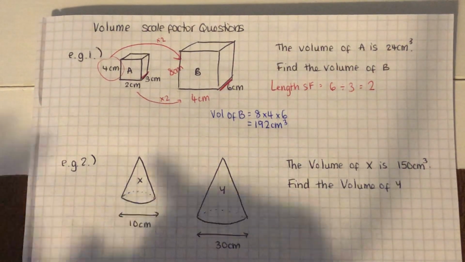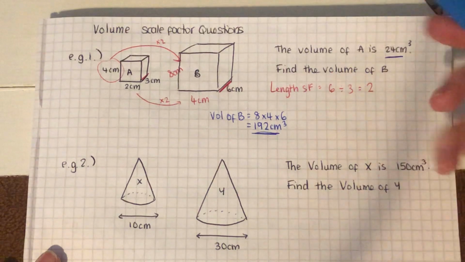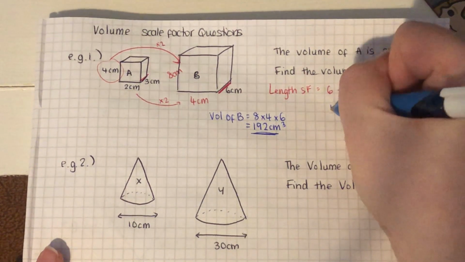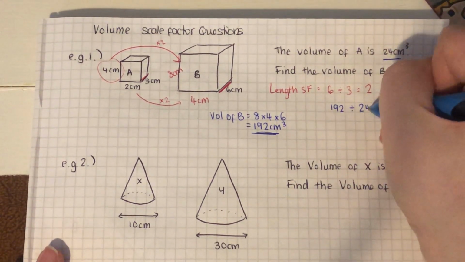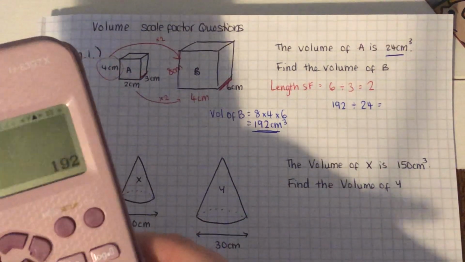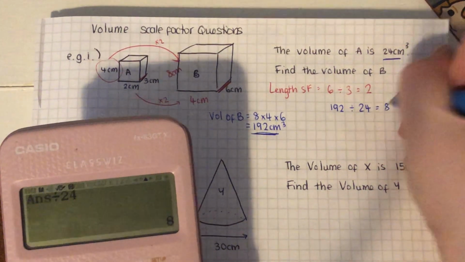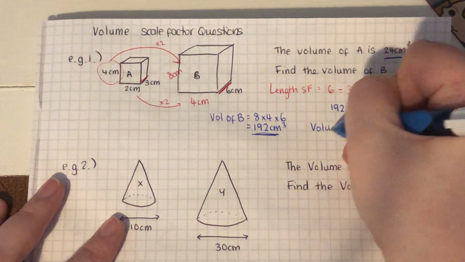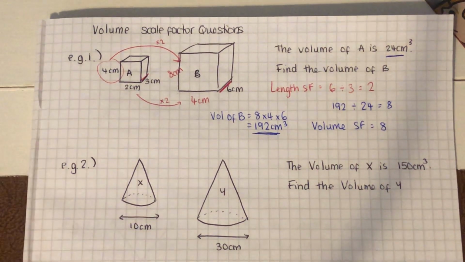Now, a quick way. If we look at the volume of A and the volume of B, and see how many of those go into here, 192 divided by 24 gives us 8. So this is telling me that the volume scale factor is equal to 8.